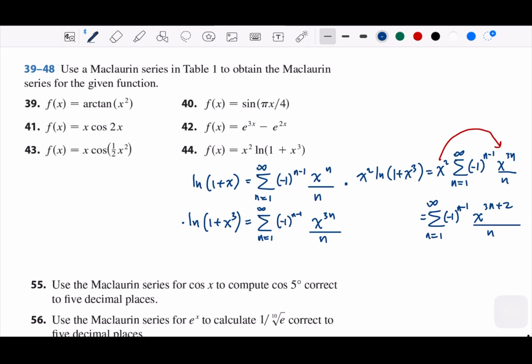So the idea is to exchange the x with the value that is inside these functions. Okay. Oh, this is number 44. Number 44.